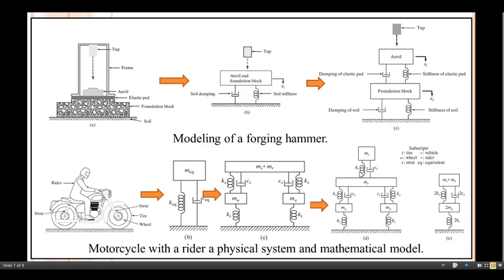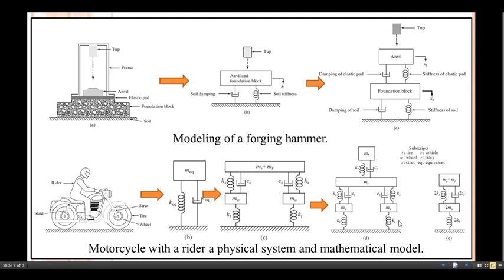You get the kr and cr terms into the picture. The same terms remain here. In this way we can expand the model as well as reduce the model.